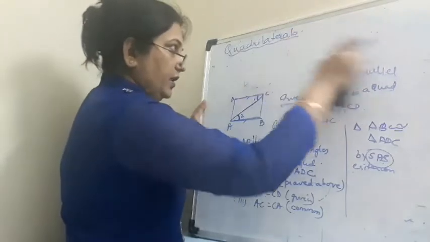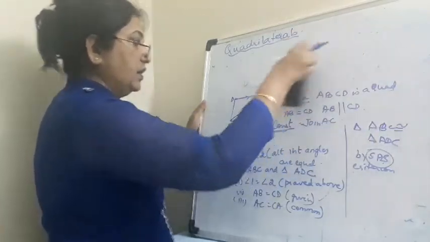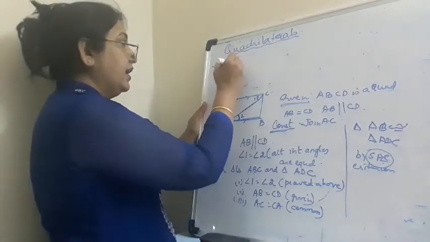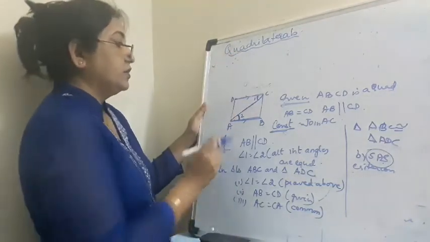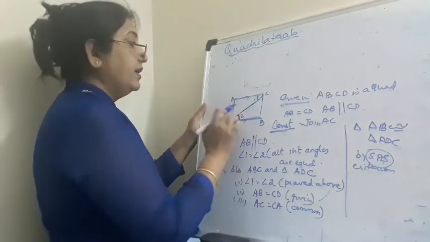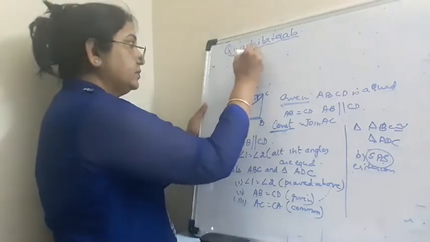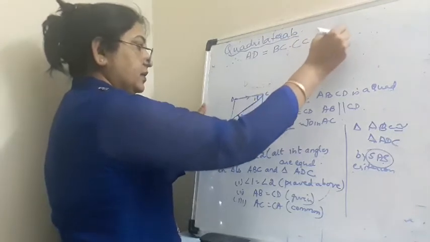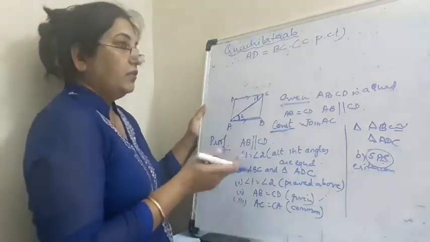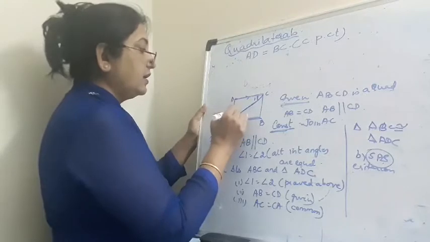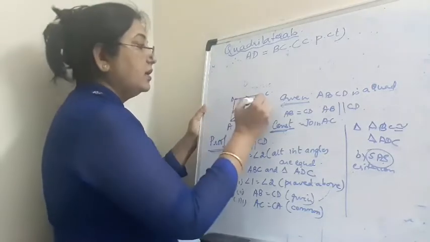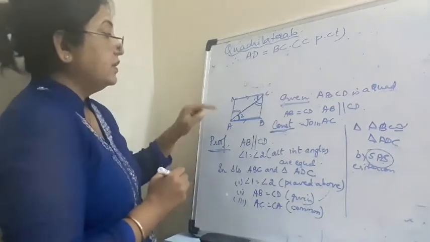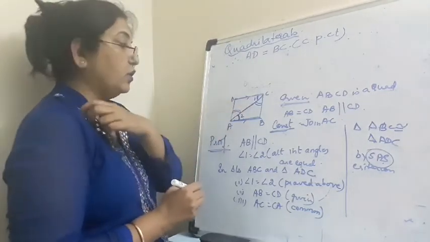Now I'll rub the statement and continue here. After proving them to be congruent, we can now write, therefore, what? AD is equal to BC. What is that? CPCT. Now we can also prove that this angle is equal to this angle, because they are corresponding parts of the congruent triangles.